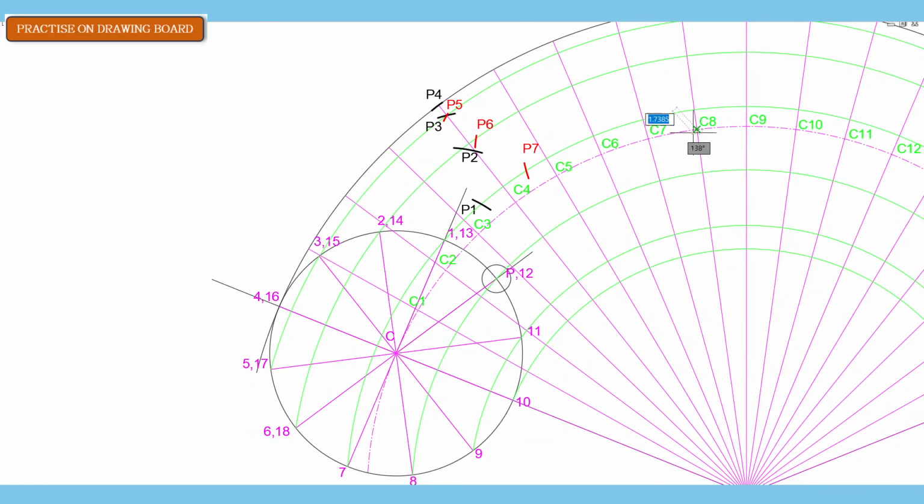From the 8th center, we are looking for the 8th arc with a radius of 40. And that's our 8th point.